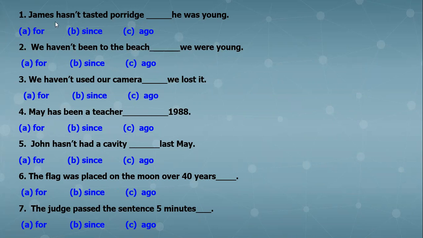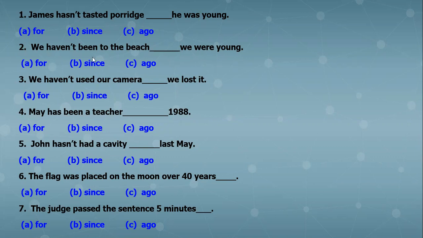Okay, James hasn't tasted porridge. Porridge is a type of food. So James hasn't tasted food since he was young. The answer is B. Very good. Number 2. We haven't been to the beach. We were young.